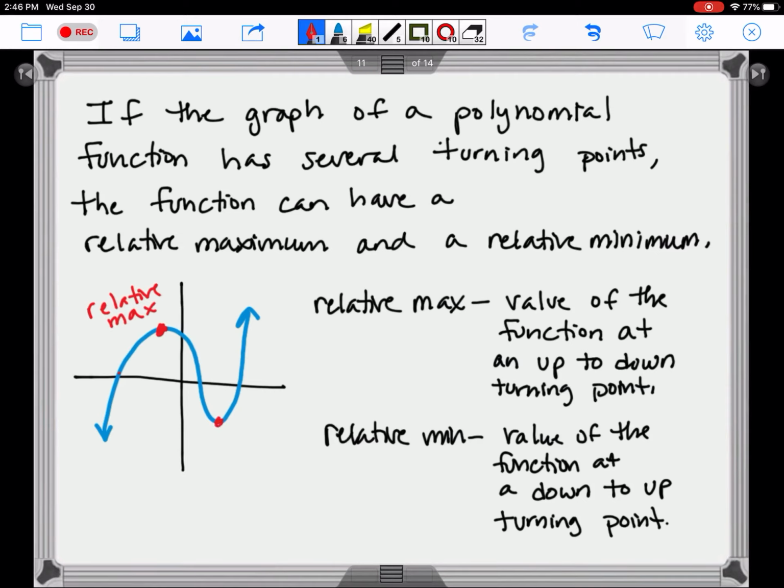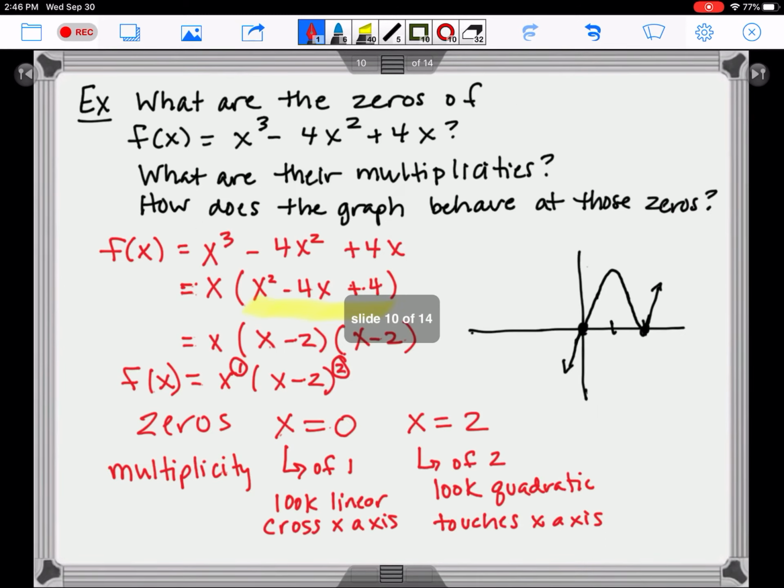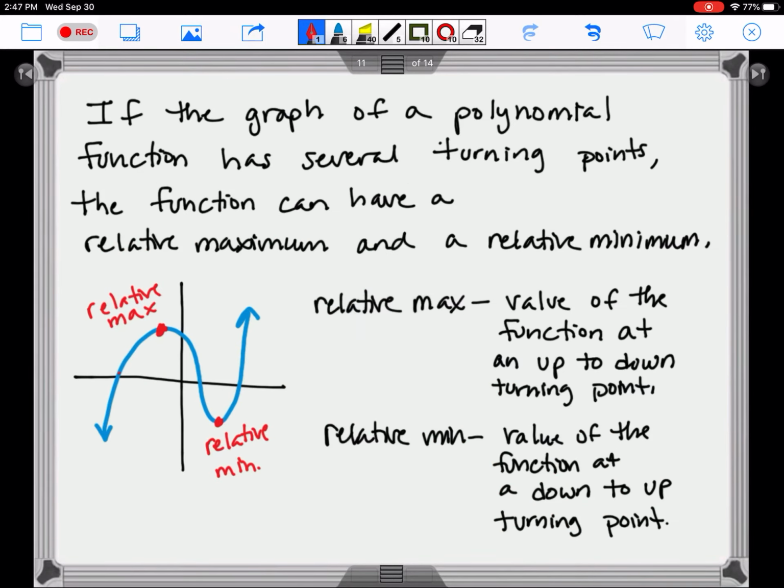It'll have a relative min when the graph goes down and then it turns up. Okay. So on this last screen, we have a relative maximum and a relative minimum. Again, maximum is where it goes up then down. Minimum is where it goes down then up. It is a turning point, is what we call them.